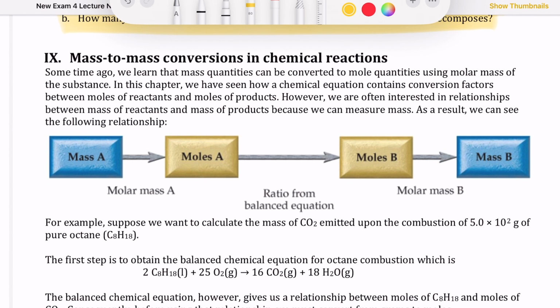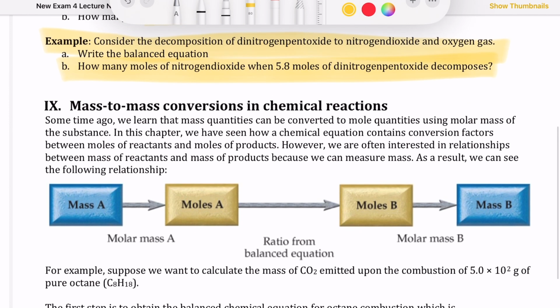Okay, now I'm going to go to the next level of this concept. So the first level, hopefully it's pretty straightforward. The second level now is kind of remembering what we did before with those moles of compounds or elements or whatnot, right?